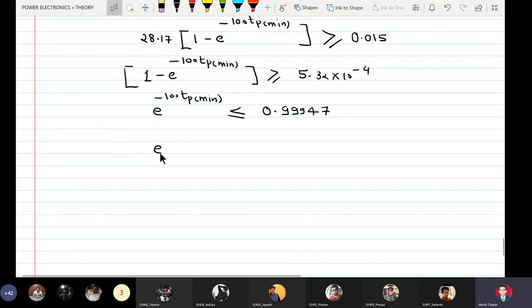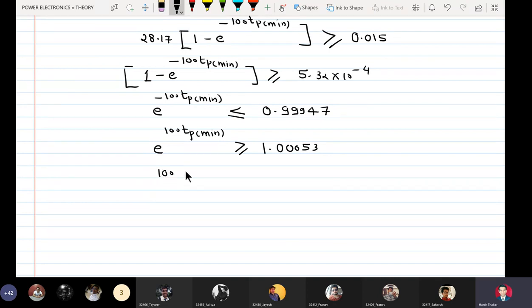Okay, so e raised to 100 times Tp min should be greater than or equal to 1.00053.